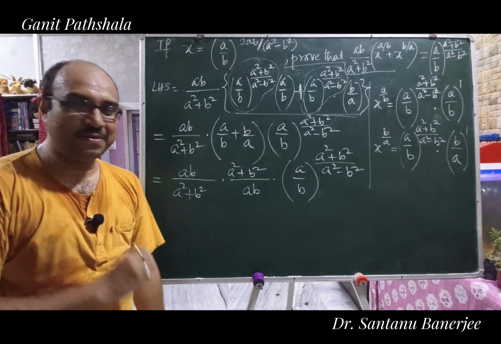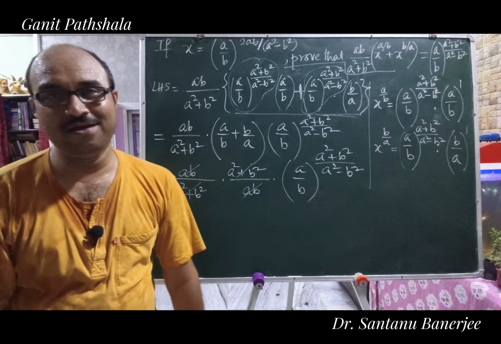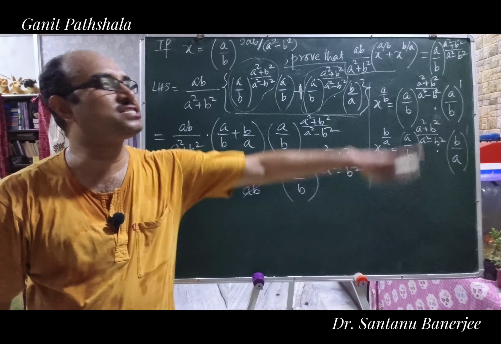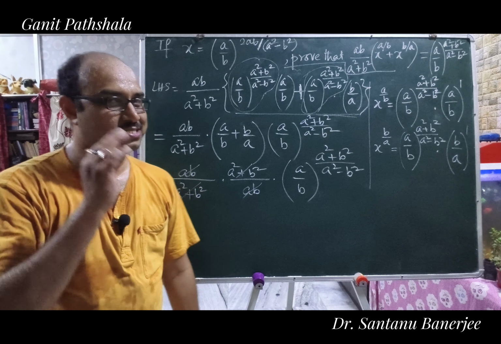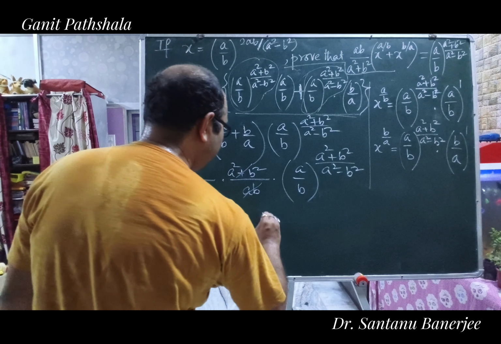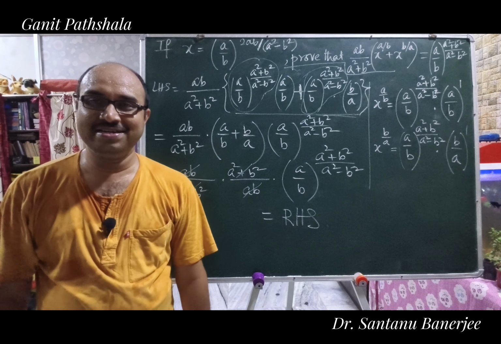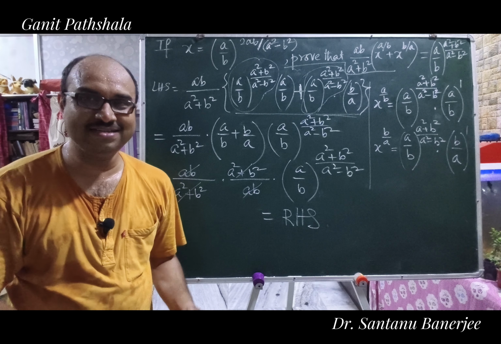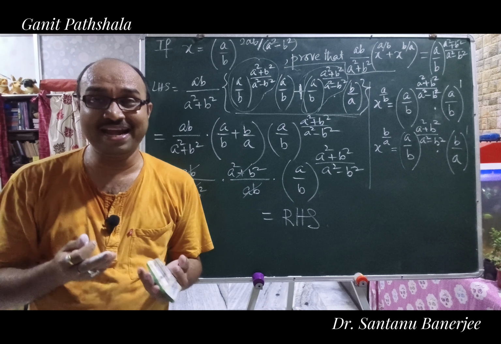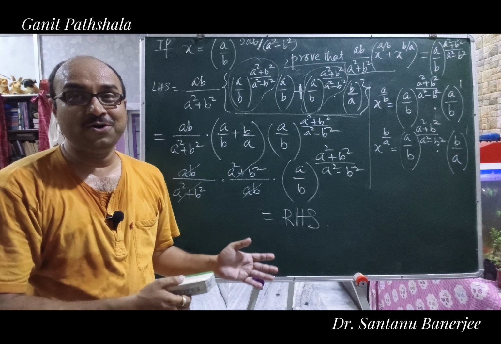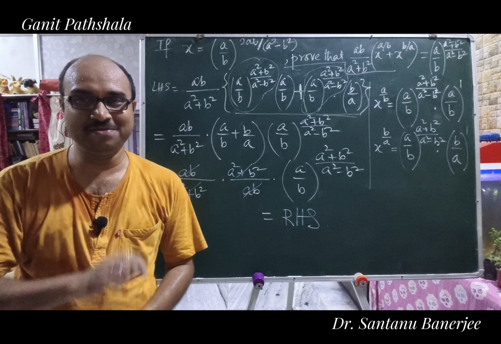Now interestingly, what happens now? This gets cancelled, and whatever remains is actually the right hand side of what was asked for. So this is equal to the RHS of the asked equality. So this is the proof or the solution, whatever you might like to call it. This is how you will have to solve these types of problems.